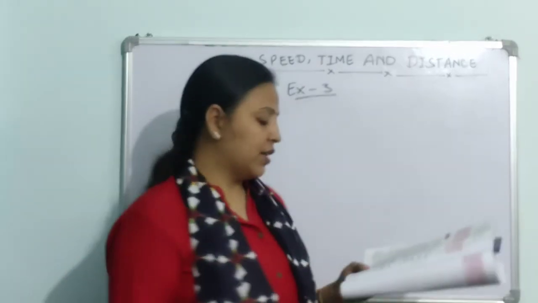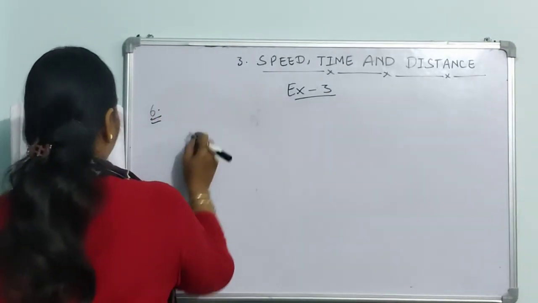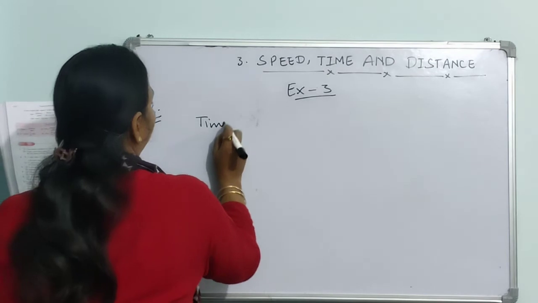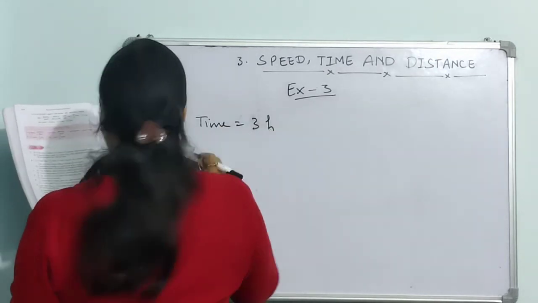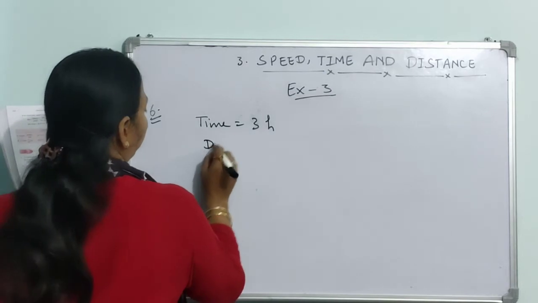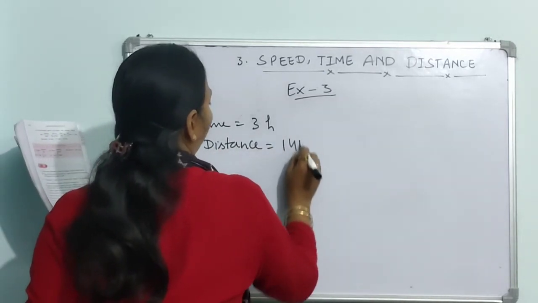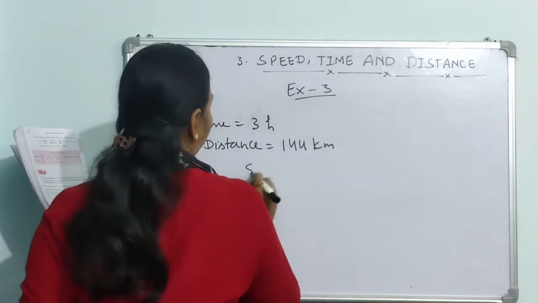So let us start this question number 6. First it is given time. Time is equal to 3 hours, and distance is given 144 kilometers. So find out the speed.